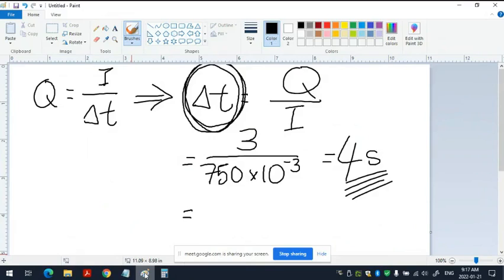Oh, everyone, my bad. This was incorrect. See, I made a mistake with my mental cross multiplication. It should be, yes, I is the big thing. It should always be on top.